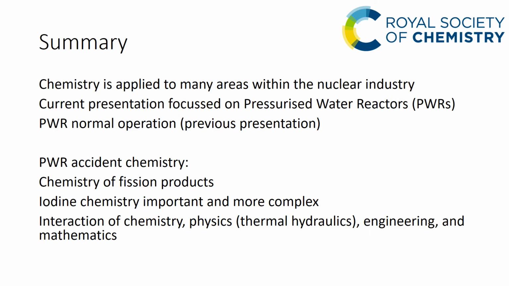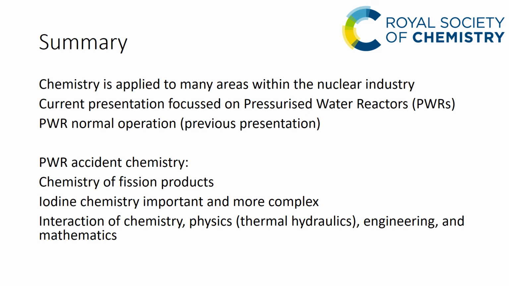So to summarise, chemistry is applied to many areas within the nuclear industry. The current two presentations are focused on pressurized water reactors. Normal operation of the PWR was discussed in the previous presentation, but this presentation concentrates on PWR accident chemistry, in other words, the chemistry of fission products, where in particular iodine is more important and more complex than the other fission product chemistry.